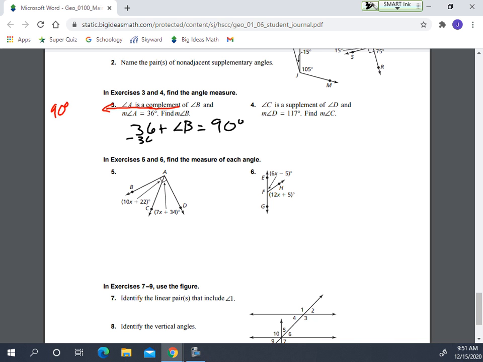Subtract 36. We get angle B is equal to 54 degrees. I'm going to let you guys work on number 4. A supplement means 180. Okay, and I'll let you guys work on that.